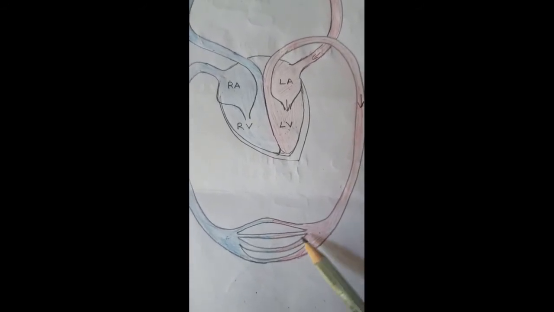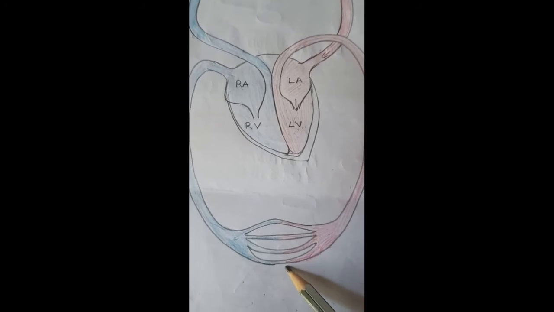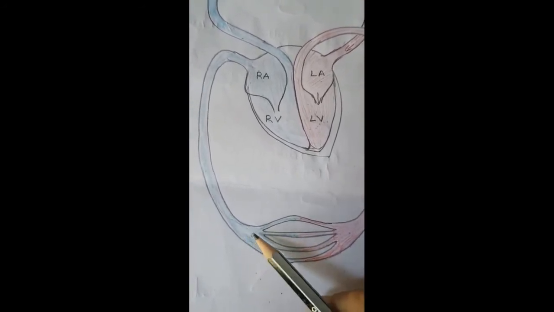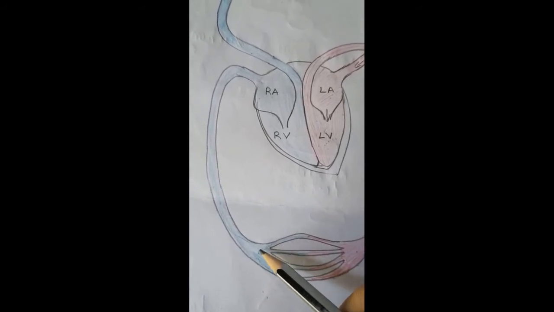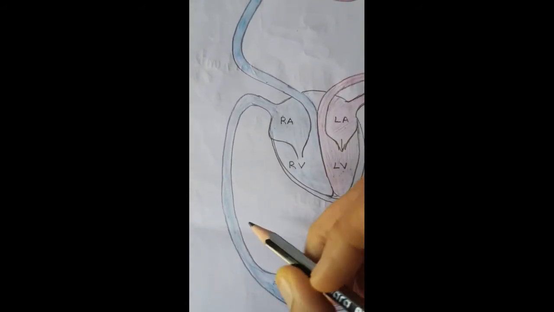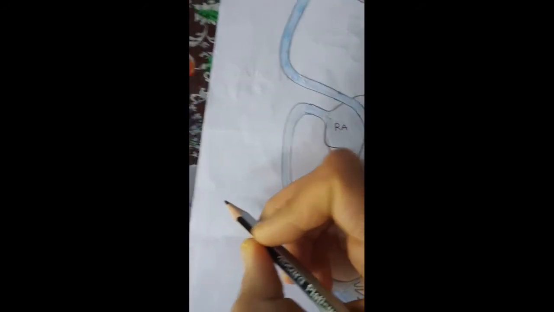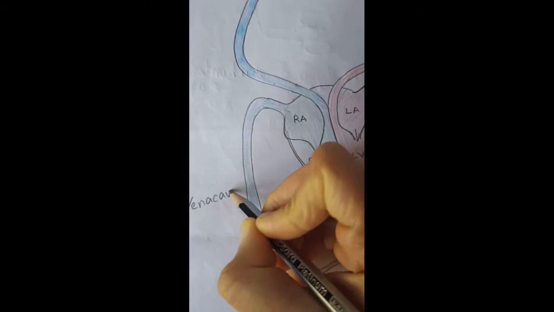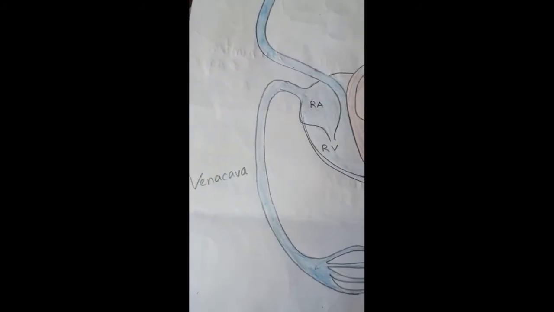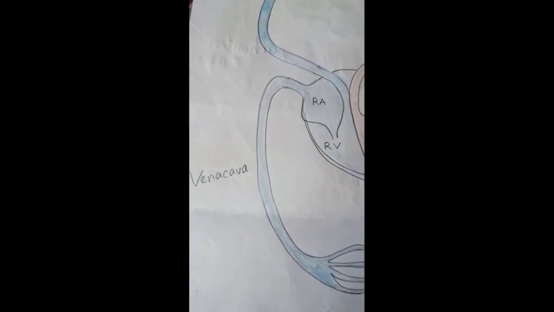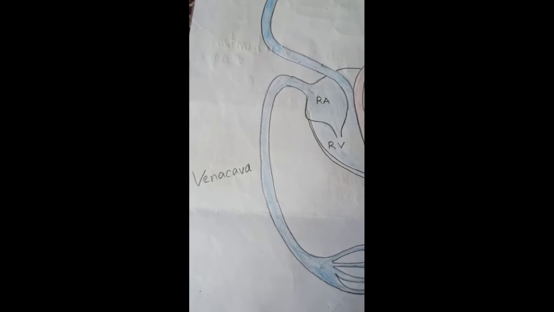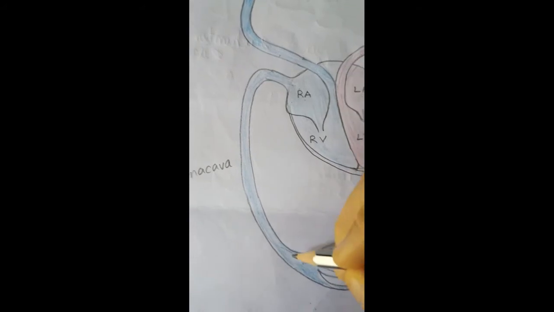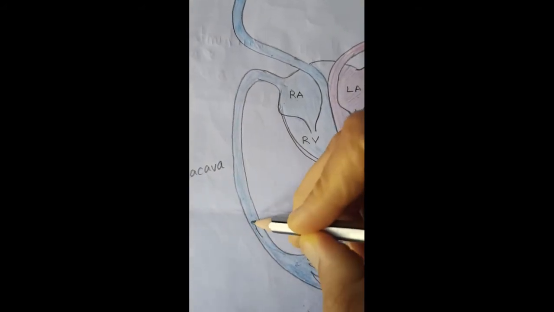An artery divides into capillaries. Capillaries rejoin together to form veins. Veins rejoin together to form another main blood vessel called vena cava. Vena cava is the group of veins. All the veins rejoin together to form vena cava. So I am drawing the arrow direction of the blood flow.